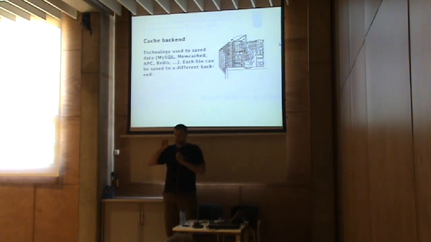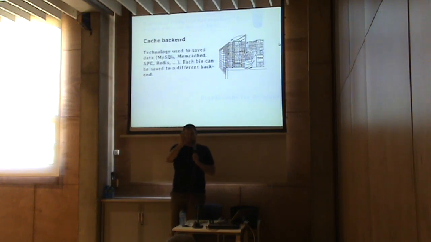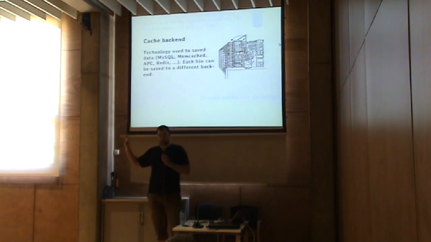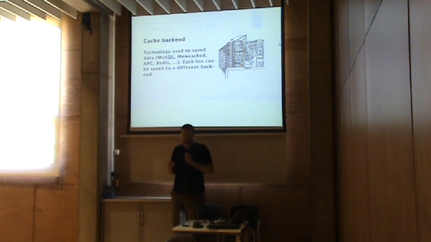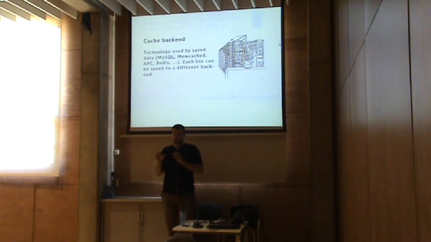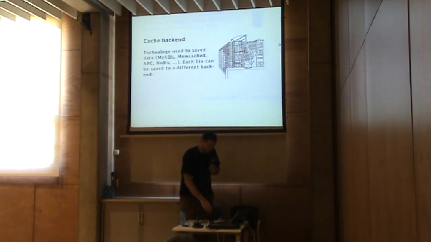Every cache bin that exists in your Drupal installation can be in a different backend. So you can decide, I will put this bin in the database and the other bin somewhere else. That gives you a lot of flexibility because you don't have the same requirements for every piece of data you use on your site.